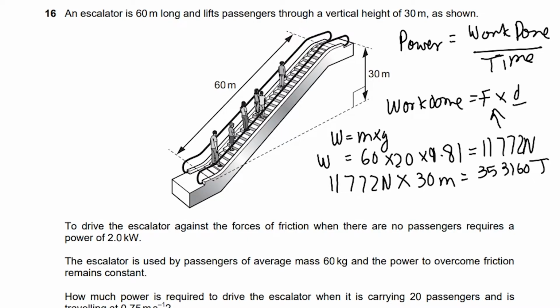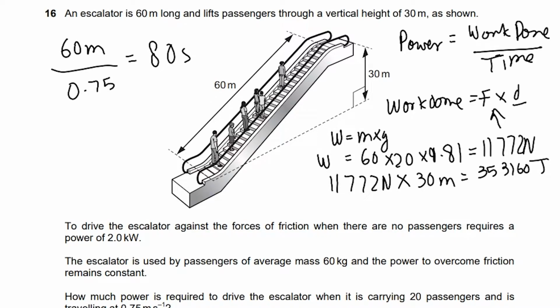So how many seconds does it take to cover this entire 60 meter? 60 divided by 0.75 is equal to 80 seconds. So 80 seconds is the total time the escalator takes to cover these 60 meters.